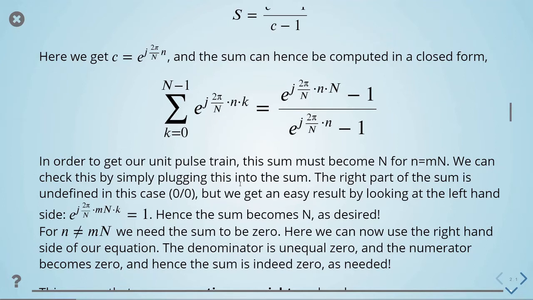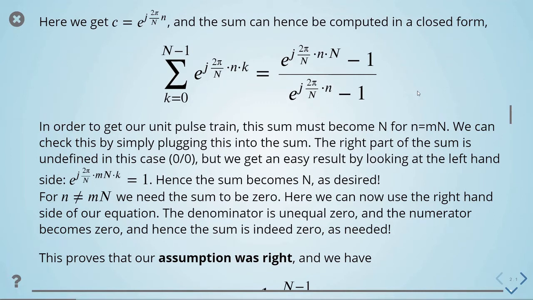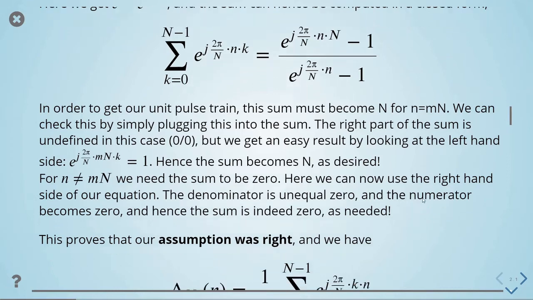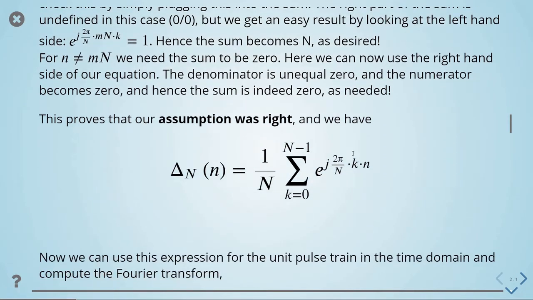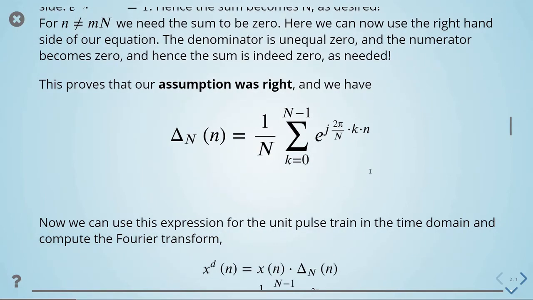And for n different from m times capital N, it needs to be 0, and we can look here. So when we plug this here, we see that the numerator is unequal to 0, the denominator is unequal to 0, but the numerator becomes 0, and then the sum is indeed 0. Yeah? So we proved that our assumption was right, and we have this equation here for the unit pulse train.